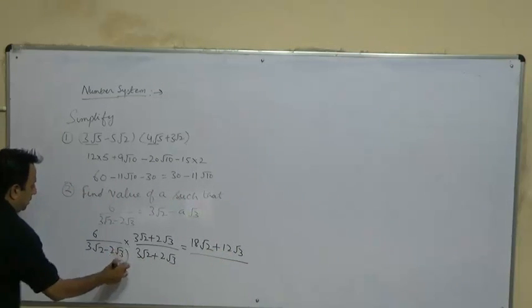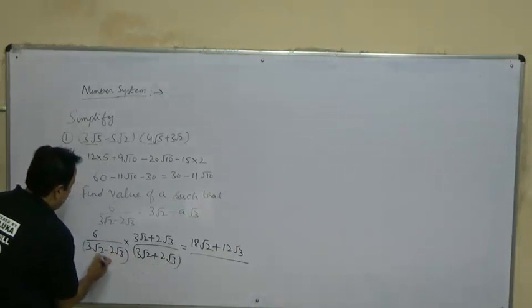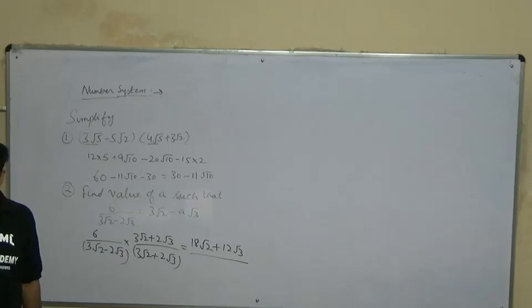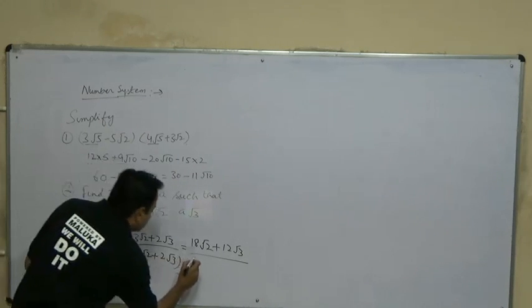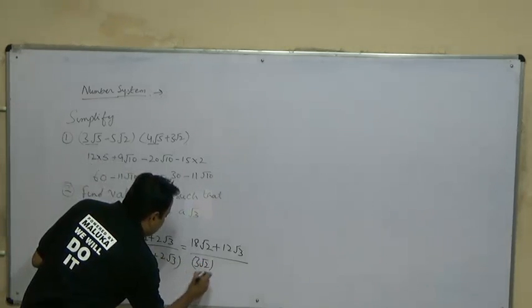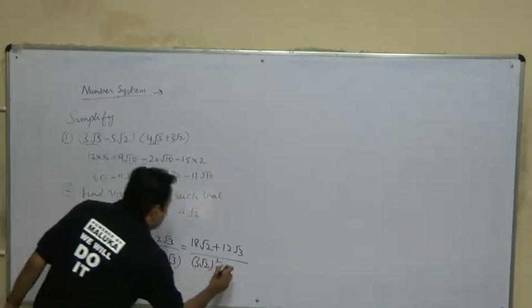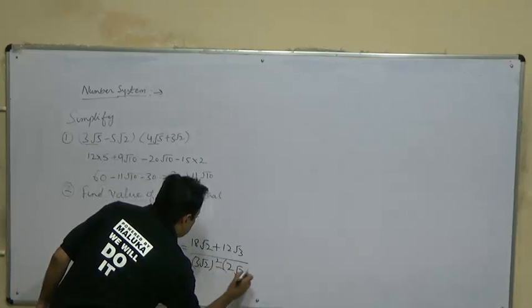and in the denominator we have a minus b, a plus b. So that simply comes out to be a square minus b square. So this will be 3 root 2 the square minus 2 root 3 square.